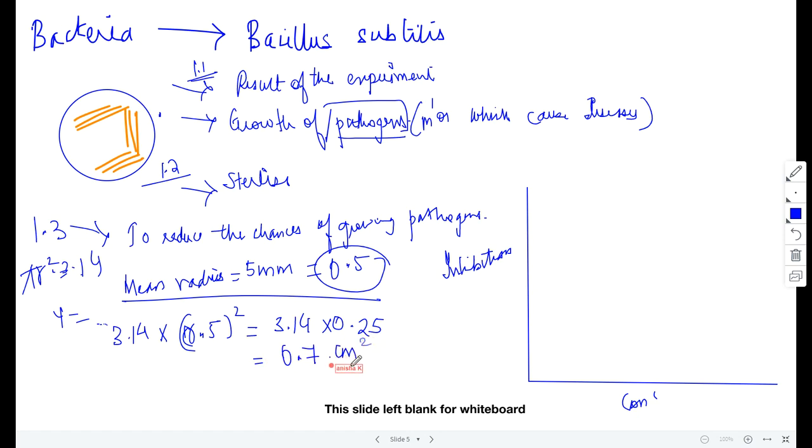Let me double check, because I converted it from millimeters to centimeters.